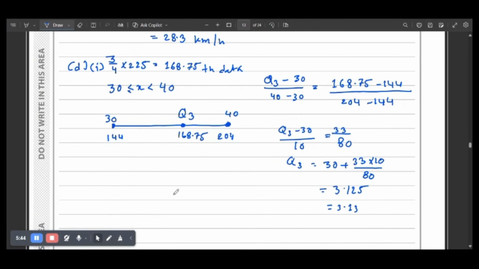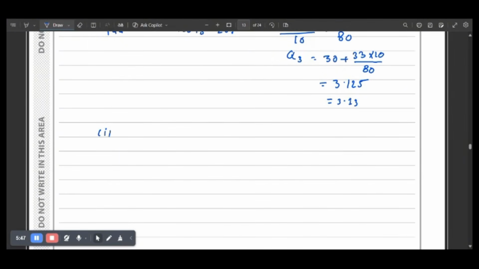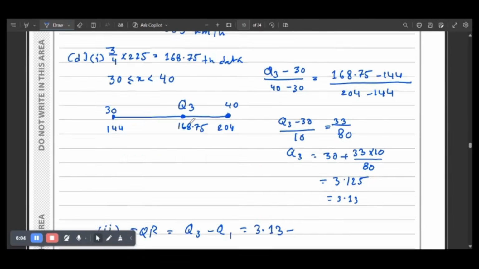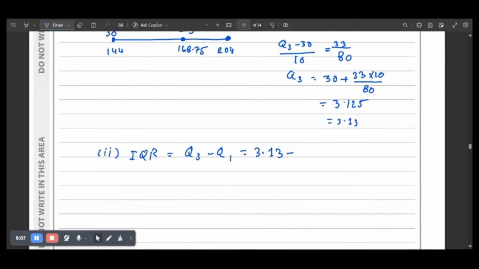For part 2, we have to find the interquartile range. We know the interquartile range IQR equals quarter 3 minus quarter 1. We know quarter 3 is equal to 34.125, which is then equal to 34.13.